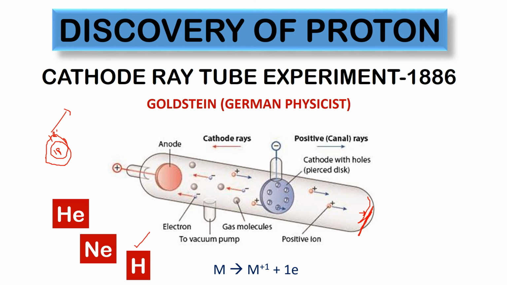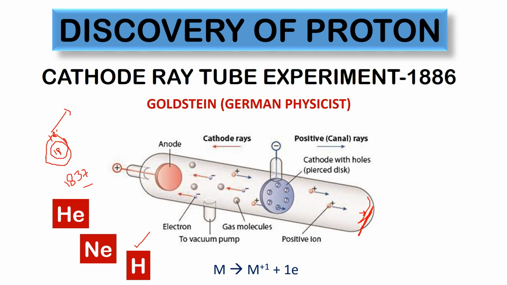So the mass of a proton is 1837 times greater than that of an electron. So a proton is heavier than an electron. So any positive ion in the world can never be lighter than a proton. Proton is the lightest positive species in the world.